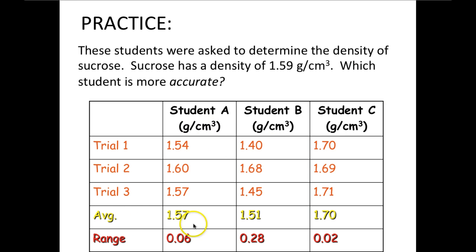Student A's average is 1.57. Student B's average is 1.51. And student C's average is 1.70. The student who had an average that was the closest to the actual density of sucrose is student A. So student A's measurements would be considered to be more accurate.